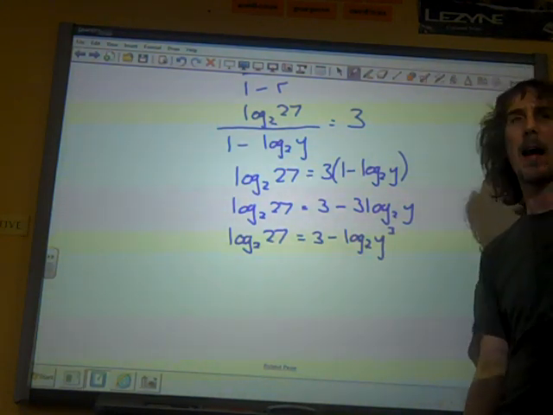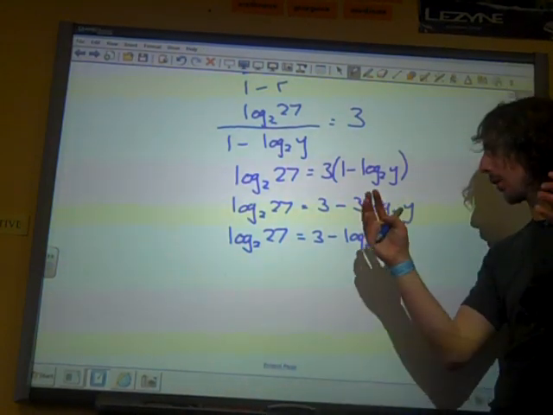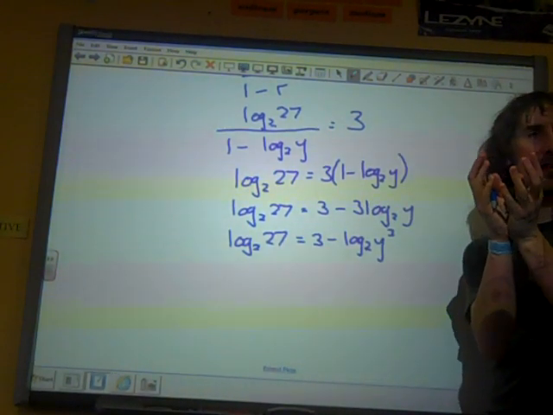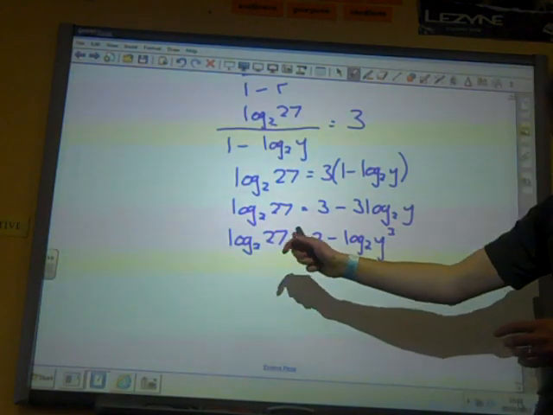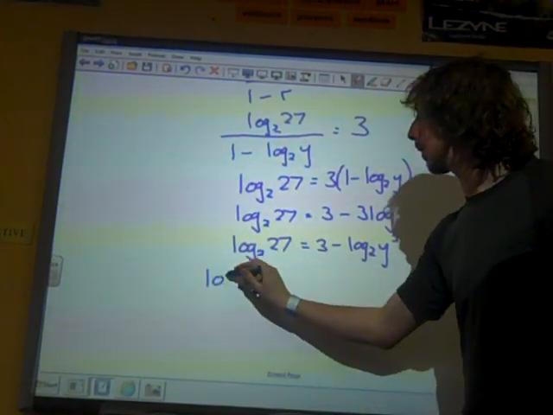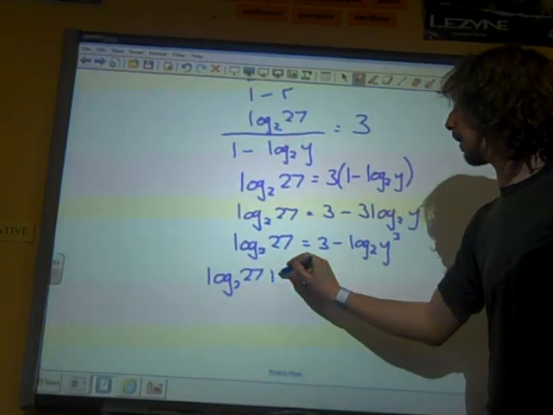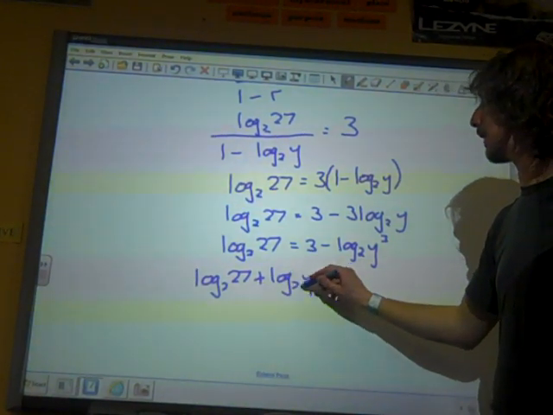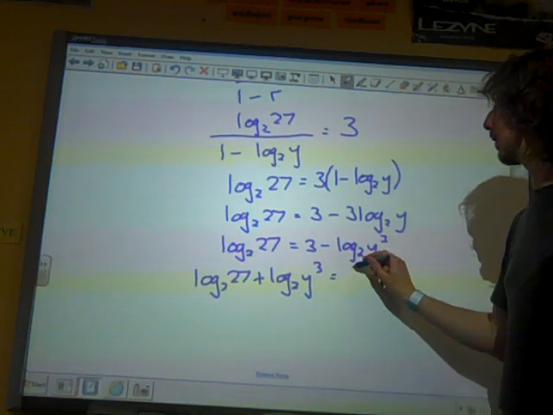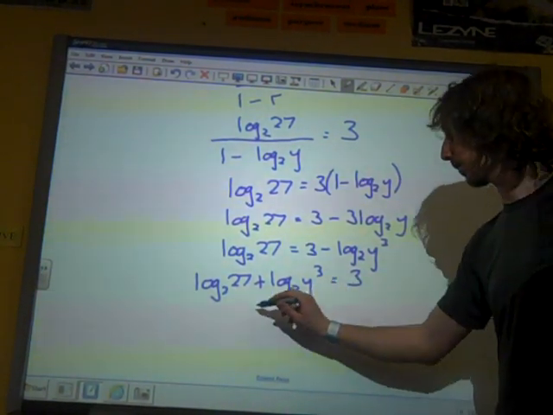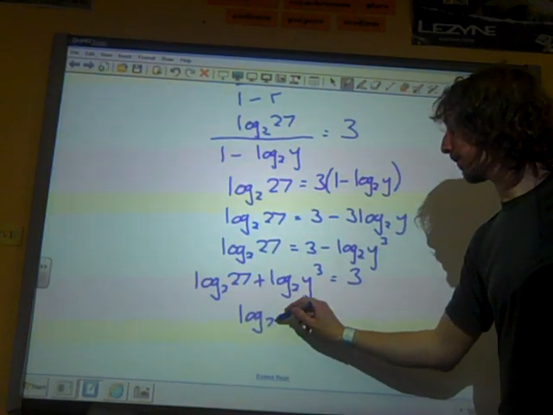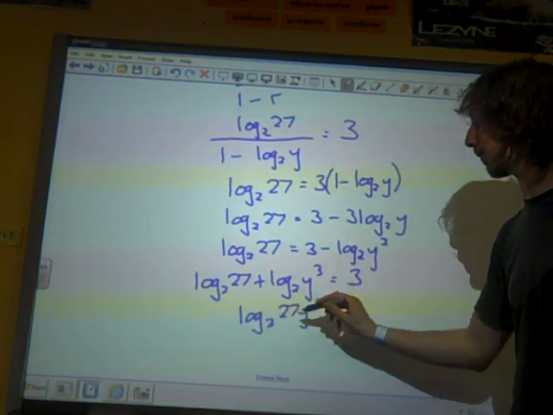I think our best bet is to collect all the things that relate to logs together as a single term. So let's bring this over to this side again. We've got log base 2 of 27 plus log base 2 of y cubed is equal to 3. And that gives us log base 2 of 27y cubed.